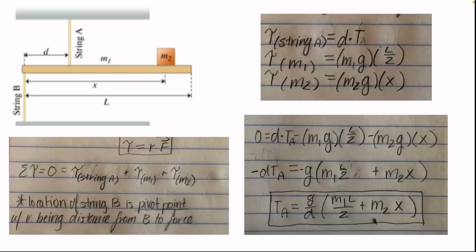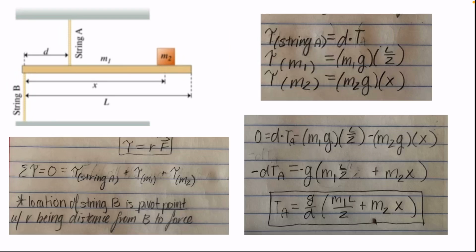You can see for string A, it's D times the tension in string A, and for M1, it's M1 times G times L over 2, which I already discussed earlier, why it's going to be L over 2 in this situation. And for the torque of M2, it's M2 times G times X.